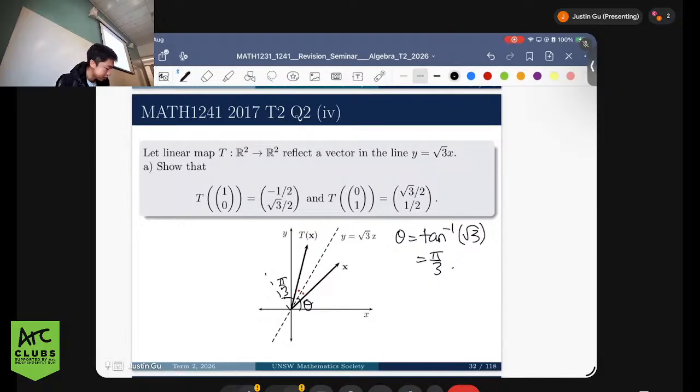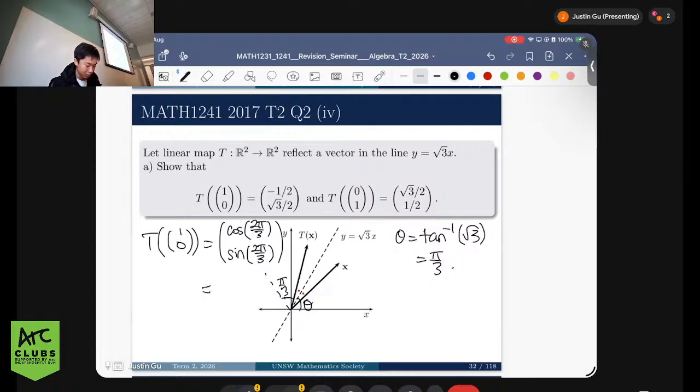So we can just say that this vector here is cos 2 pi on 3, because pi on 3 plus pi on 3, and then sine 2 pi on 3. You can think about it as rotating a vector on a unit circle. Evaluating it, you just get minus a half, square root 3 on 2.